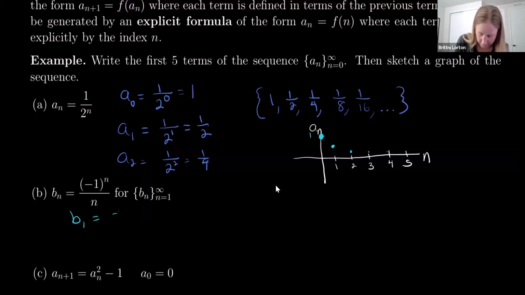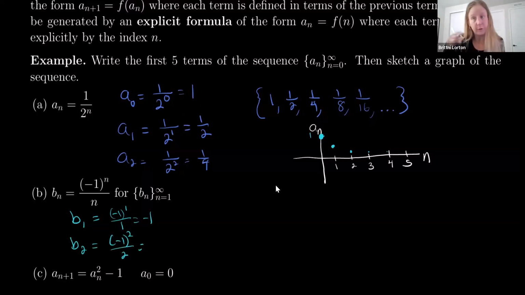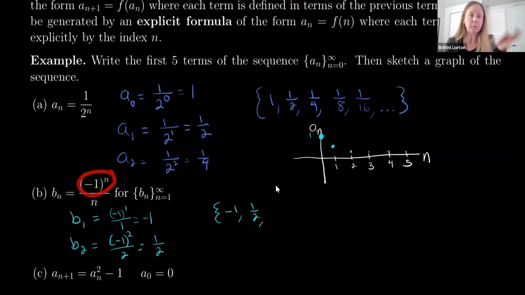If I plugged in 1, I would get -1 to the power of 1 over 1, which is -1. If I plugged in 2, I would get -1 squared over 2, and that -1 squared does turn into a positive, and that's what I meant by alternating. So -1, 1/2. If I plugged in 3, -1 cubed would go back to negative over 3, so -1/3.